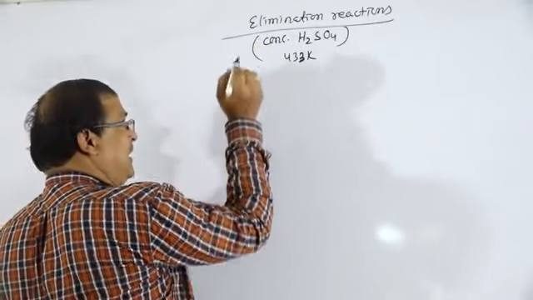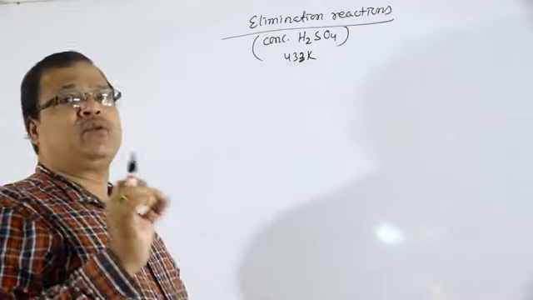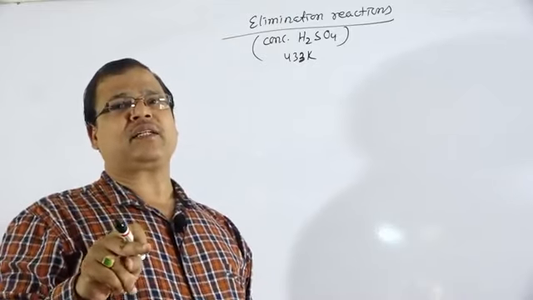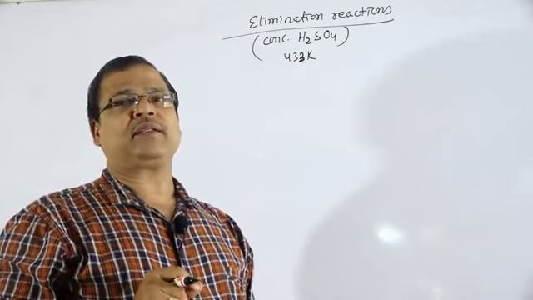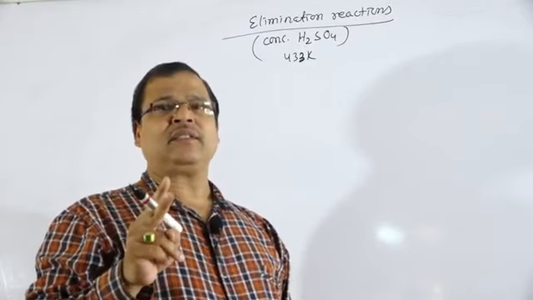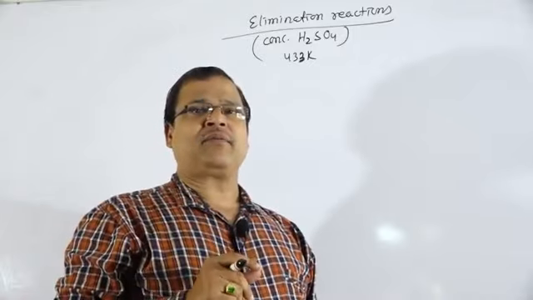For example, this eliminating reagent reaction can be explained on the basis of two types. Whether we have taken excess of alcohols or excess of concentrated sulfuric acid, the products will be different. If we have taken excess of alcohols, then ethers are formed.